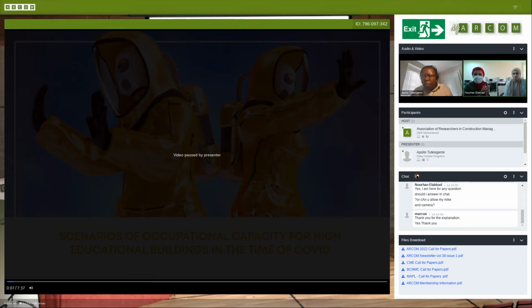So it's like a small pilot study for this educational space in this city, but it can be replicated in other cities and other educational spaces. Accordingly, it will provide the recommendation of the occupational density which should be considered during the COVID pandemic.